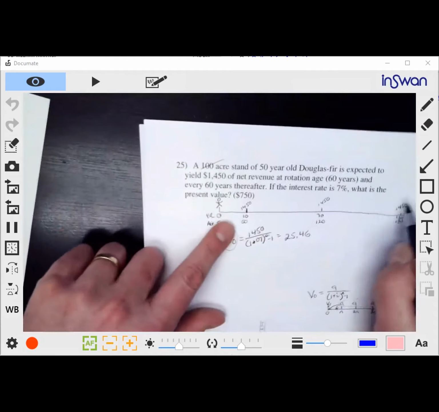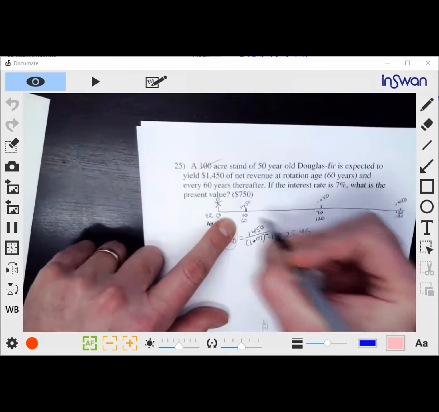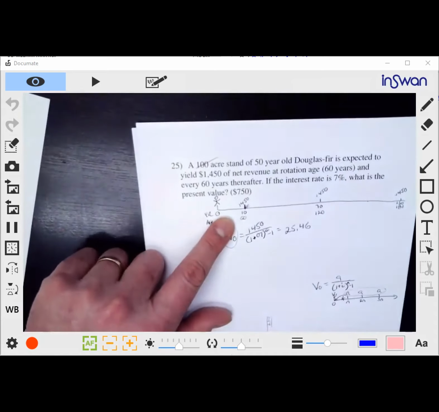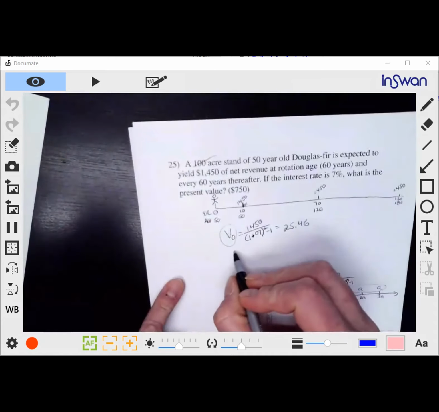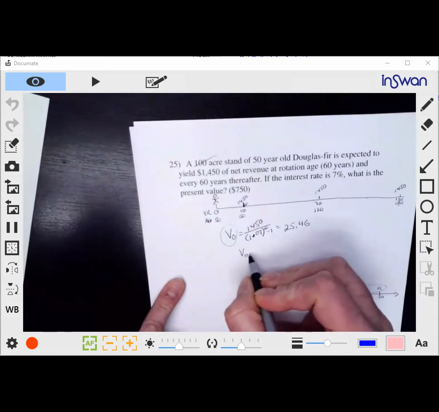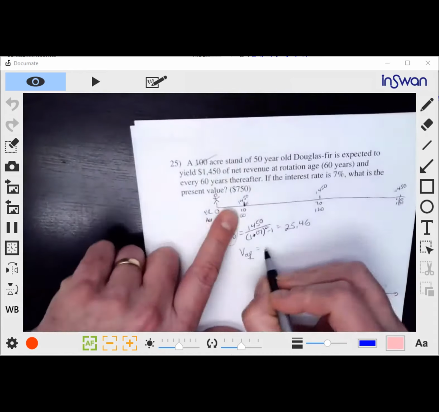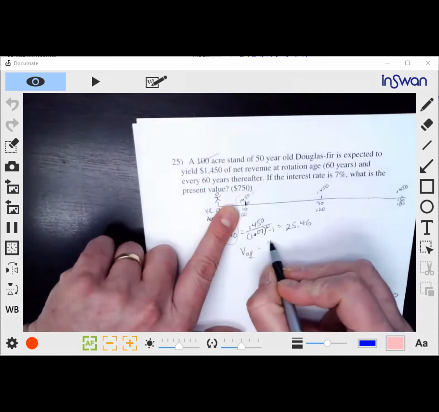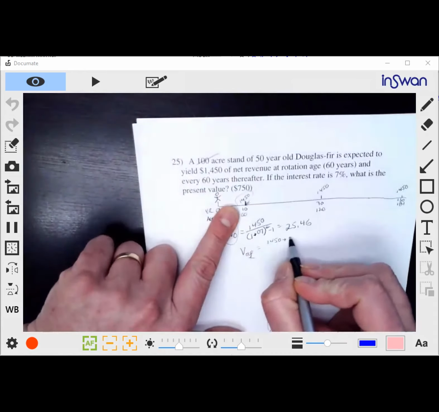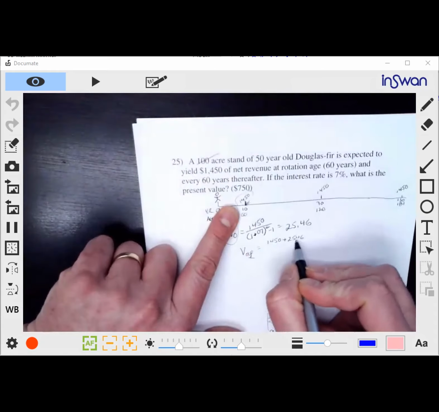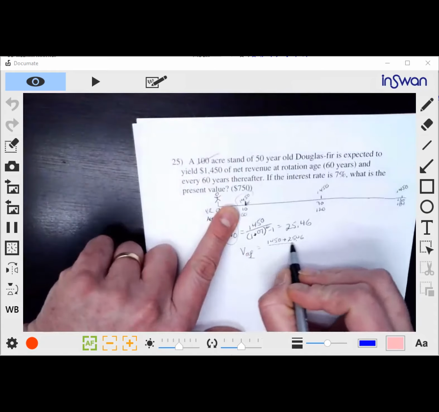So if I apply all these and I assume that this 2546 is here, right, I would then say that my VO for the problem, kind of where I'm standing at year 0, is going to be this 1450 plus the 2546, which is all the future 1450s, right?